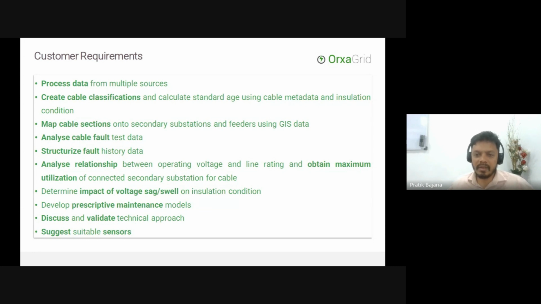If you understand the optimum utilization of that cable section, you can make sure you know what percentage loading you can keep for that particular feeder line. Again, you want to understand the power quality parameters, like voltage sags and swells, which happen on a particular feeder line.